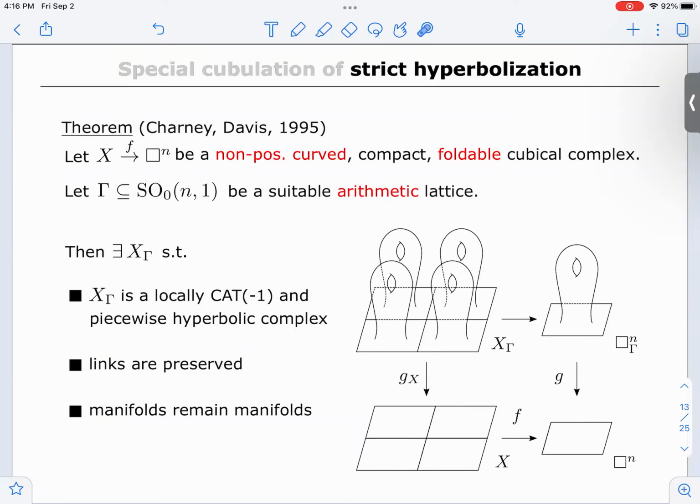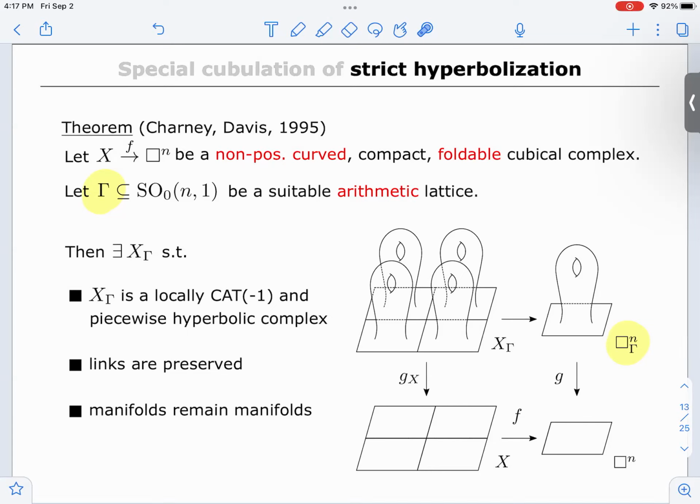They find a suitable group, an arithmetic lattice, so something that acts on hyperbolic space, and that's what they use to construct this hyperbolizing cell. So that's why I keep having this gamma in my notation. There's some background black box choice of an arithmetic lattice in the group of isometries of hyperbolic space.